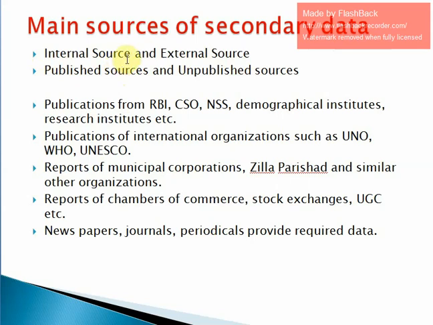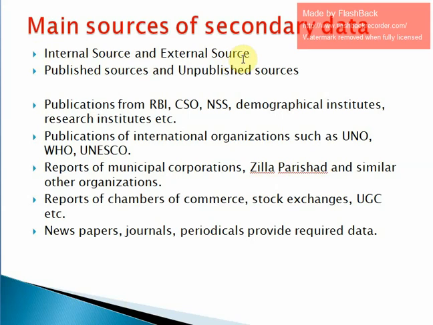Some departments collect the information, this information is circulated in the organization, and maybe another department is using that information. That is internal source, used only for internal purposes. In some cases, this information is published externally, and some other organization uses it. That is called an external source of information.